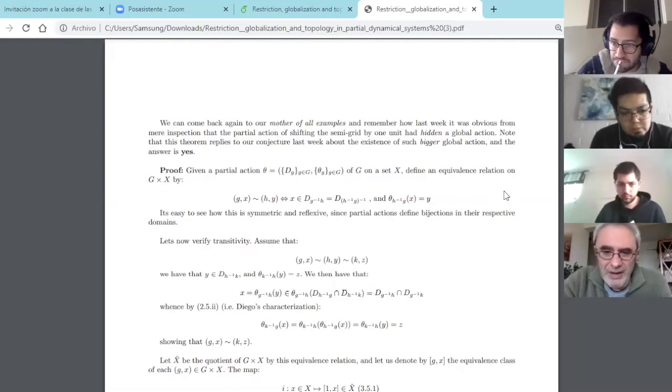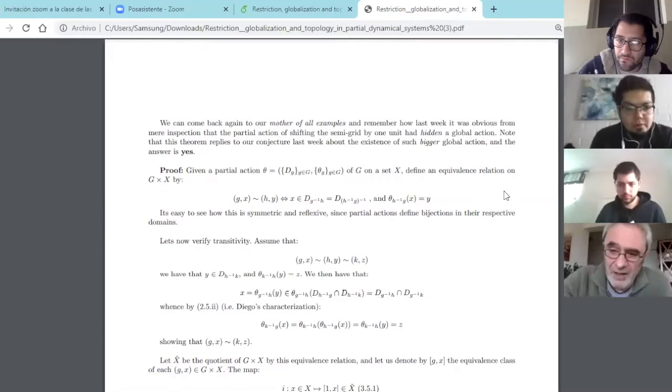Because for global actions, theta of a composition in the group is a composition of the two transformations. And if this is true, because theta h minus 1 is the inverse of theta h, I can put it in the right-hand side.